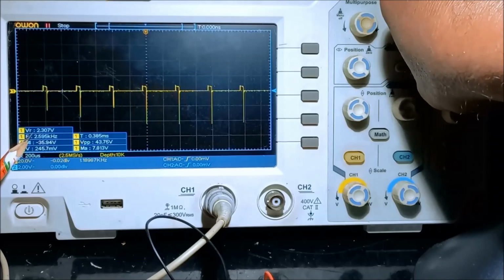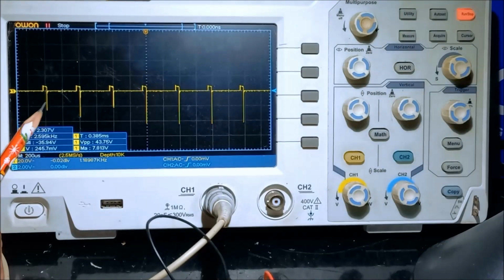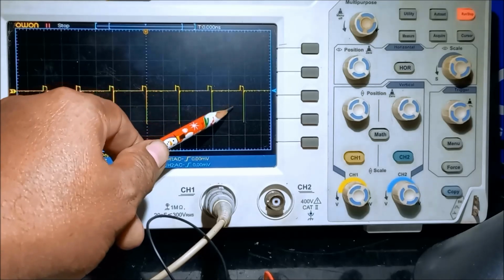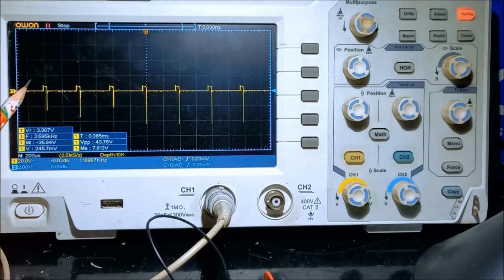So the circuit, the bird sounds, is composed of a series of voltage spikes into the negative region of the waveform. That's why it sounds like a bird.